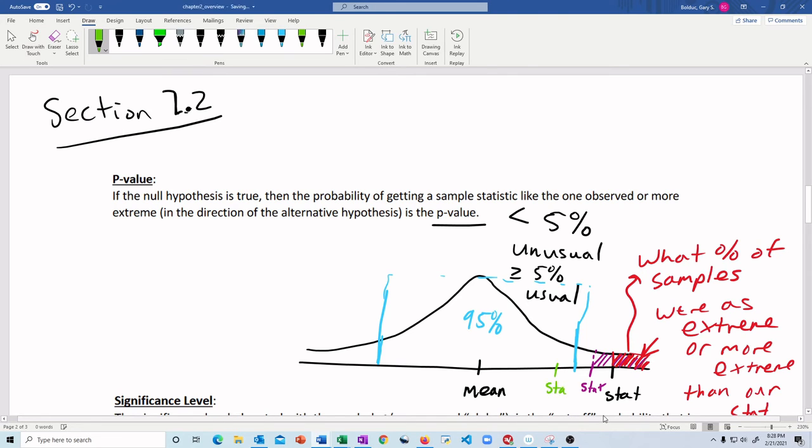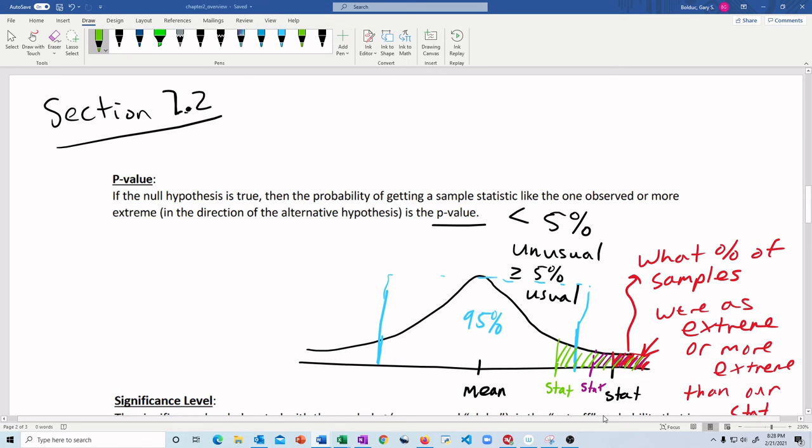Here's my stat. Now the percentage of samples that are at that point or more extreme, that's too big of a chunk, and I'm past our cutoff of 5%. And so at that point, we're going to say, okay, you're usual.